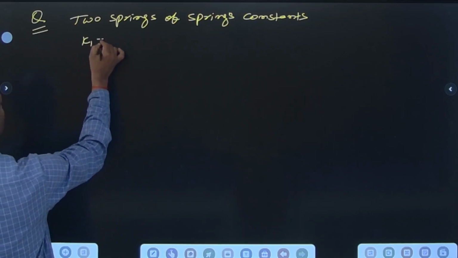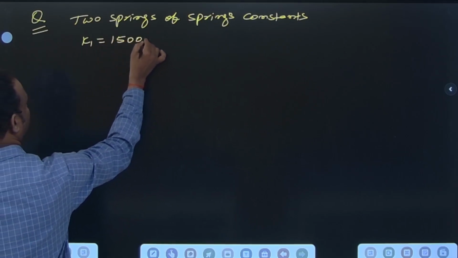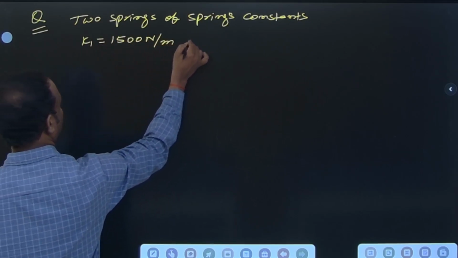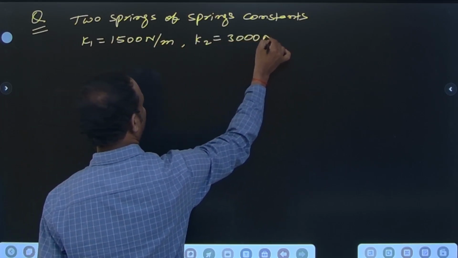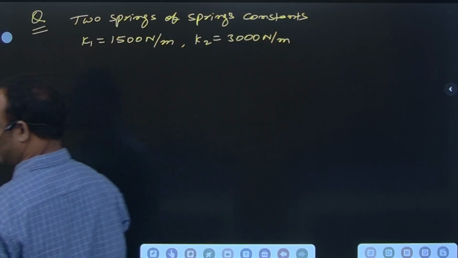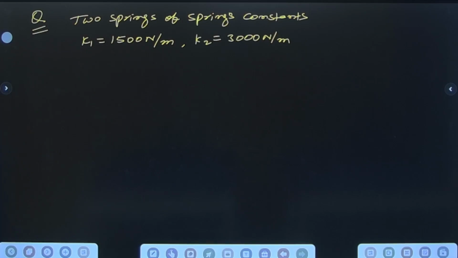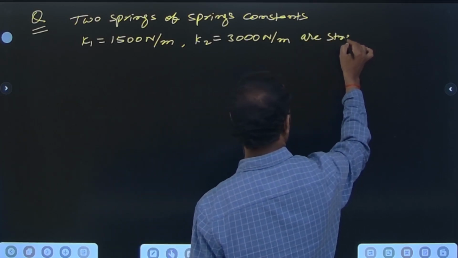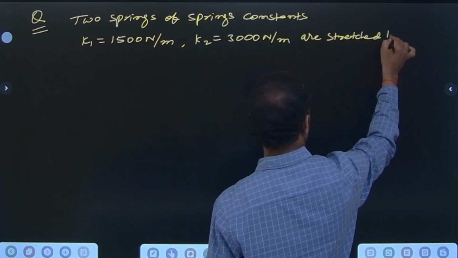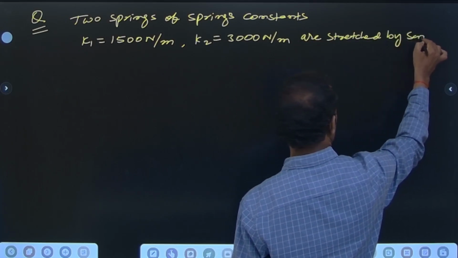K1 is equal to 1500 Newton per meter. K2 is equal to 3000 Newton per meter. K1 and K2 are stretched by the same force.